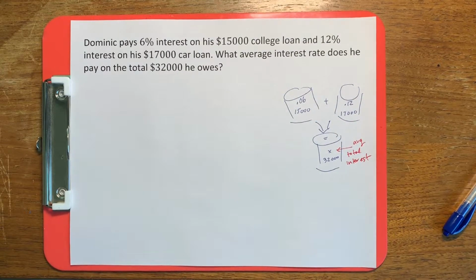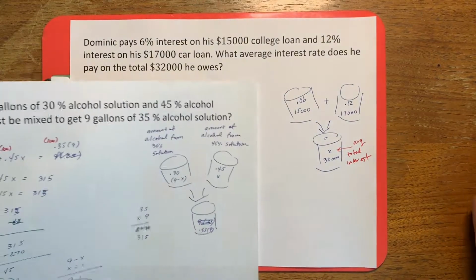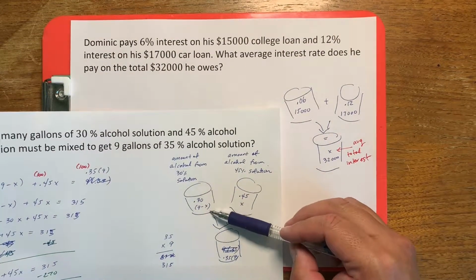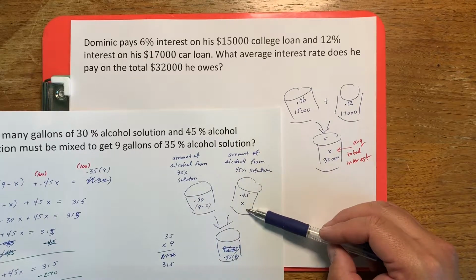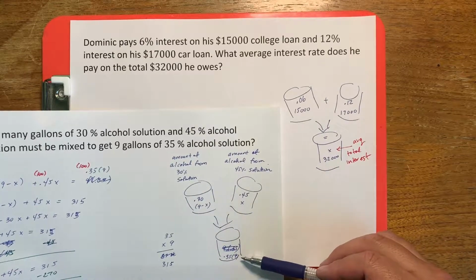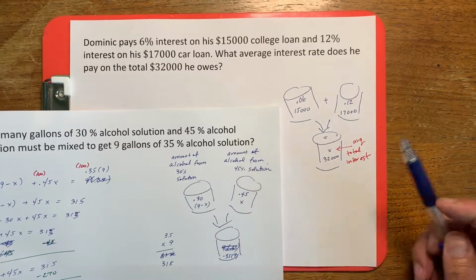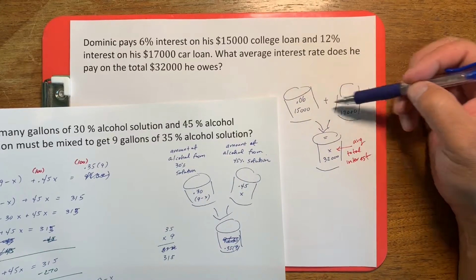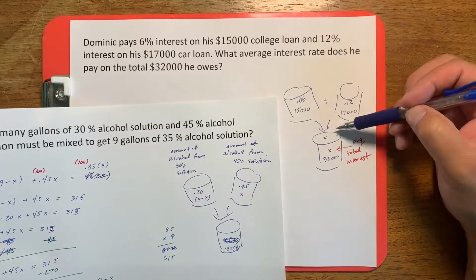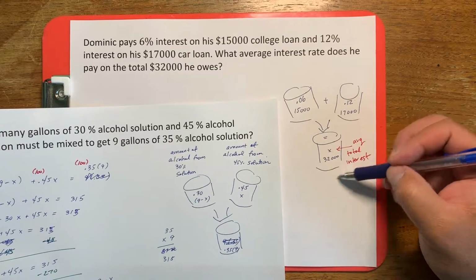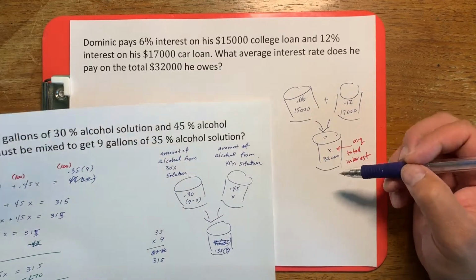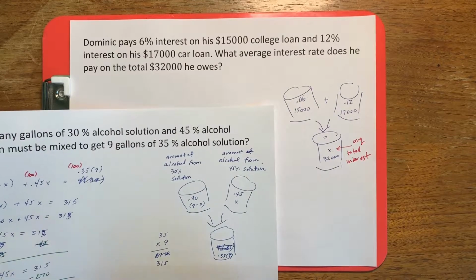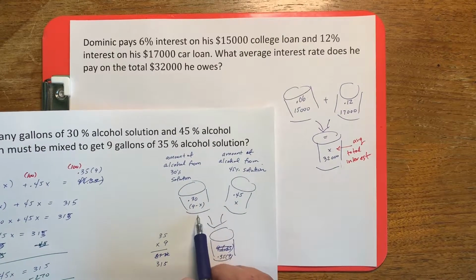Now you can see that we had the same setup in the previous problem where we had percent times how much plus percent times how much is equal to percent times total how much was used, right? So we have the same setup. So these last two questions have a similar setup. They just give you a different missing variable.